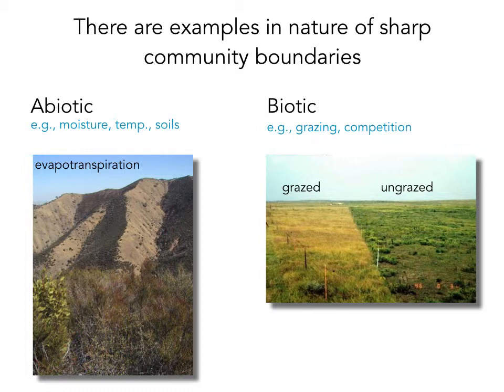And of course, there's a fence line in between, showing that depending upon grazing pressure, you can have very different kinds of community composition, suggesting that you can have relatively sharp boundaries between communities.